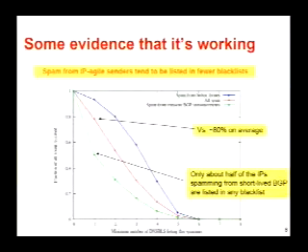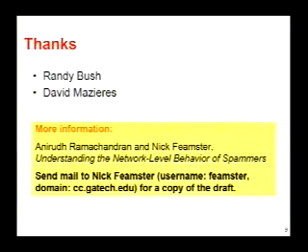So what you see is half the IPs coming from the short-lived ones are listed in a blacklist, and that means the other half aren't in the blacklist and they're from other persistence. And I think we're getting near the end.